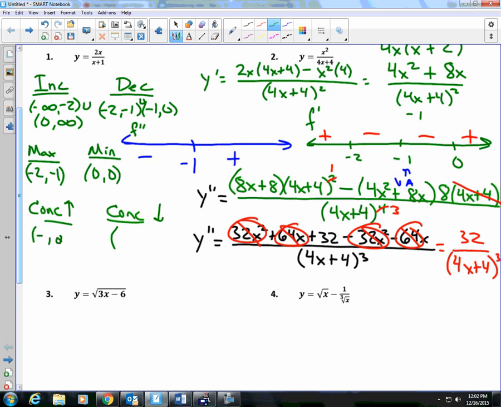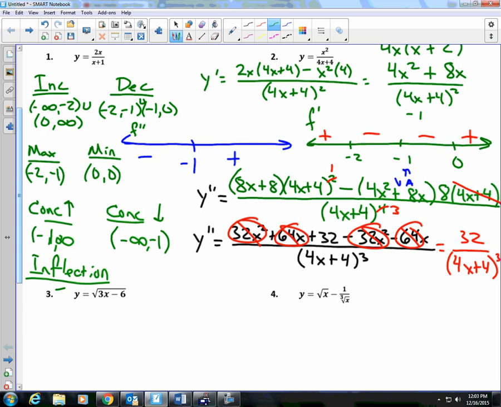And then concave down from -infinity to -1. And then inflection. Does the second derivative change from positive to negative or negative to positive? Yes, but is that point part of the original domain? No, it's not. So therefore, we have no inflection point.